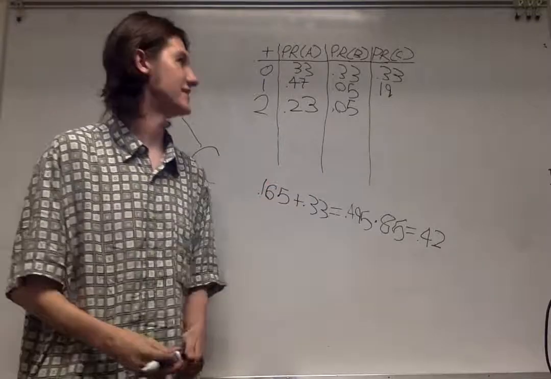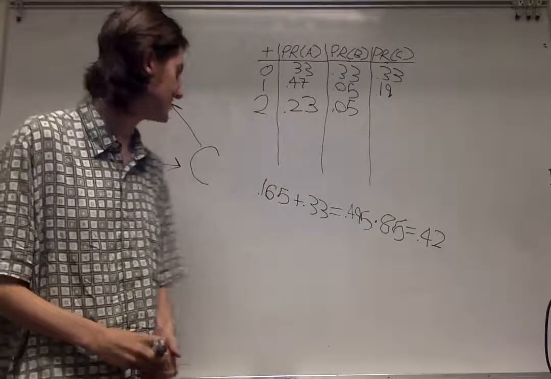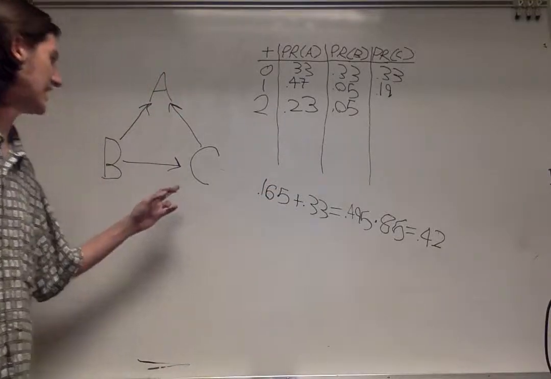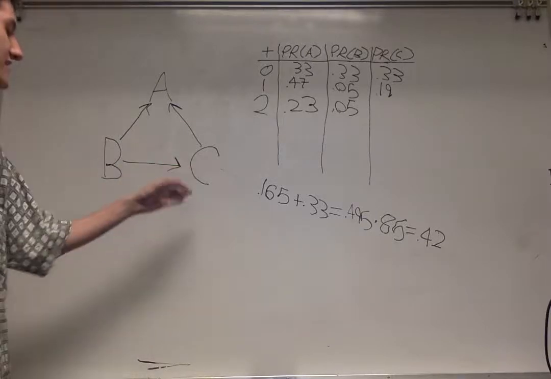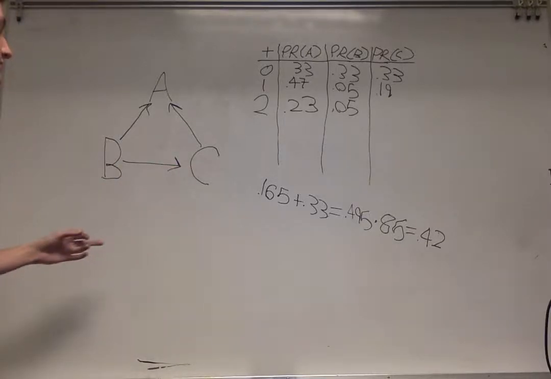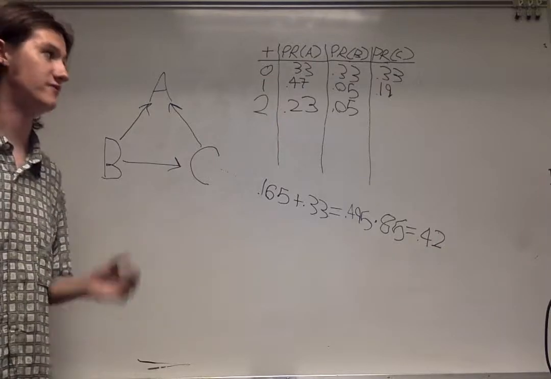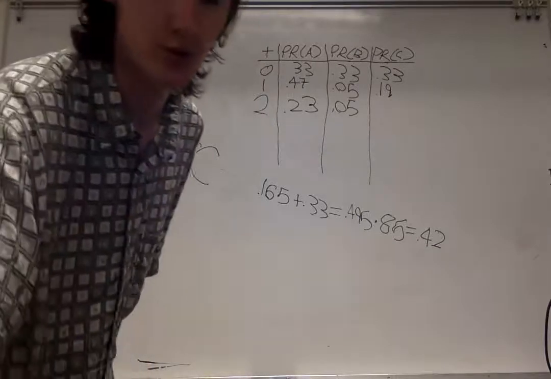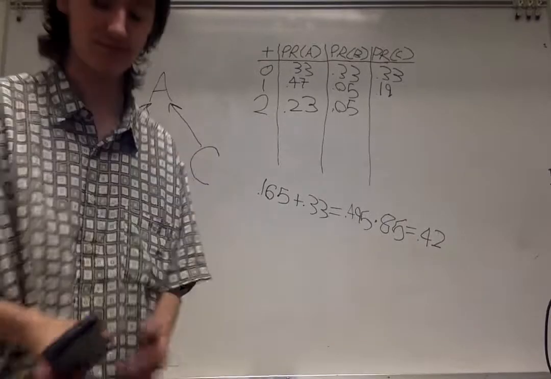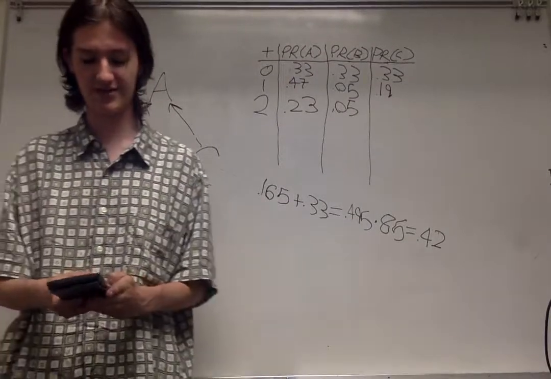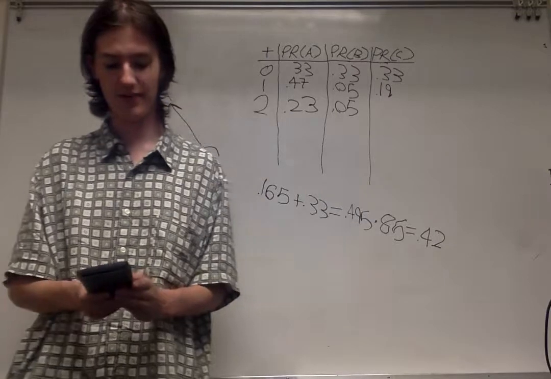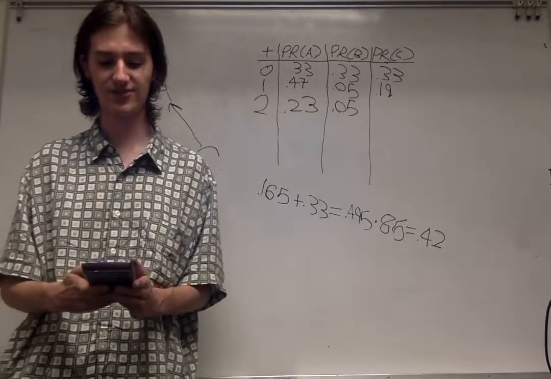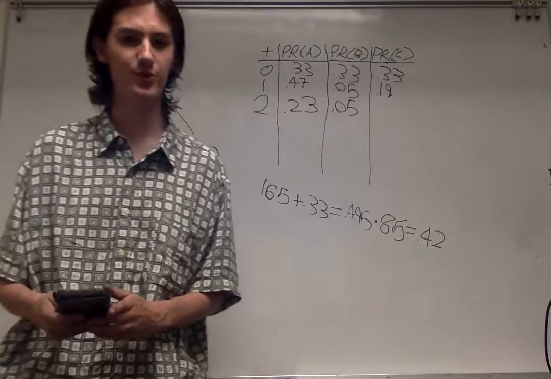And then PageRank C. For PageRank C, once again, we have only one link connecting to C. It happens to have now a very, very small value of 0.025. Now we're going to multiply 0.025 by 0.85, and we get the result of 0.021.